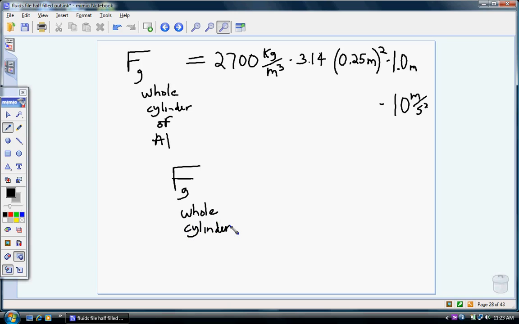So the weight of the whole cylinder is going to be equal to, if you multiply that out, 5,298 newtons, and at the very end we'll round for sig figs, so I'm going to leave that as that for now.